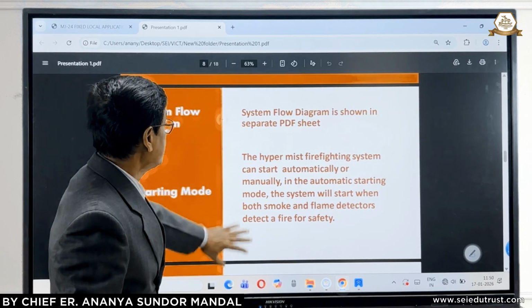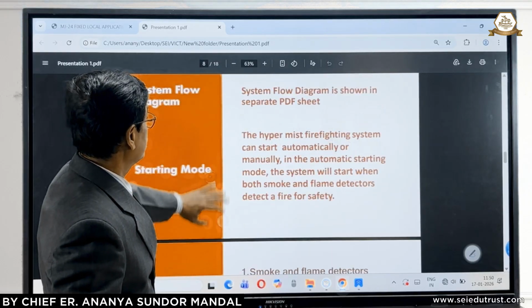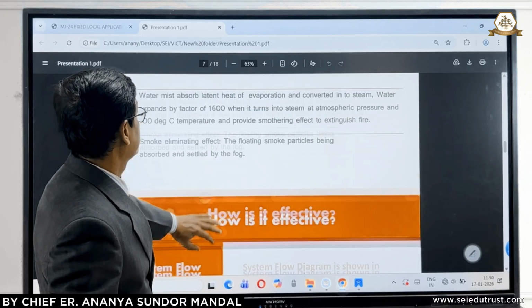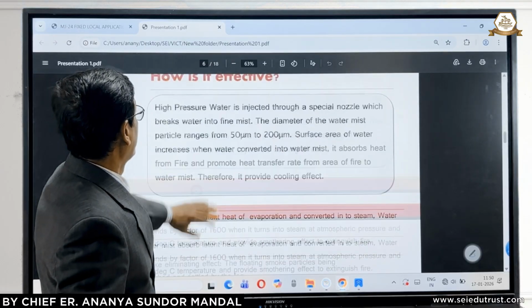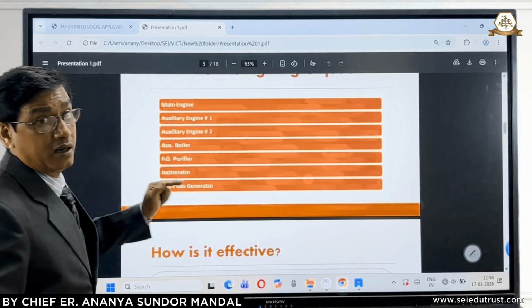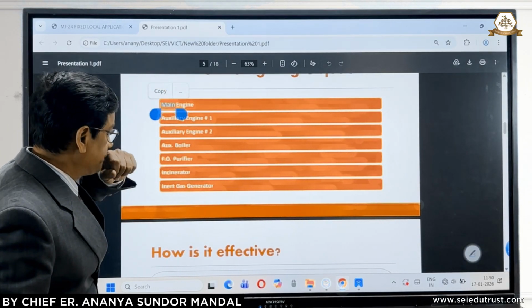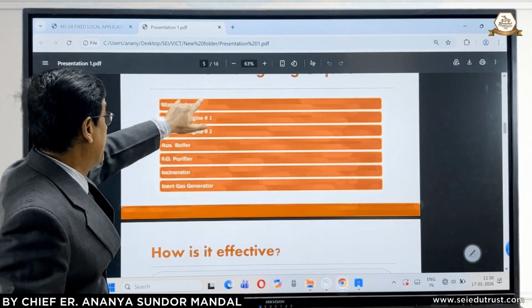Means the smoke detector of the main engine and the flame detector of the main engine of the same area.